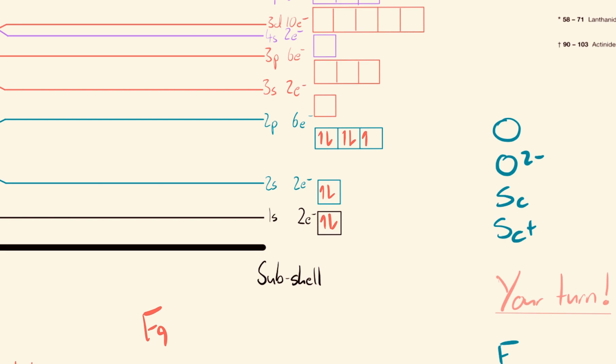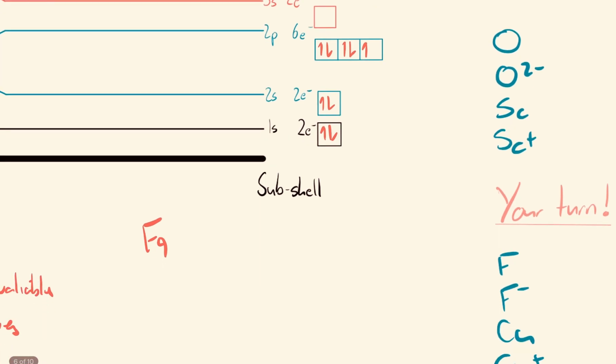And we can write this out like this as well. We've got 1s2, so that's showing we've got 2 electrons in that first subshell. 2s2, showing we've got 2 electrons in the next subshell.